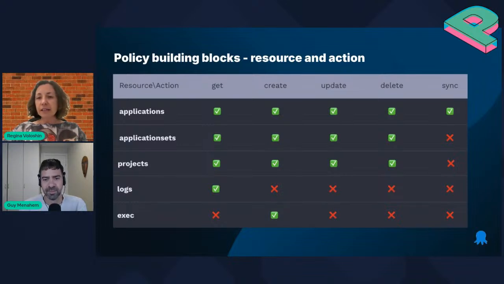Regarding the update and the delete, those two actions can operate on two distinct levels. One level is the level of the application, meaning that the application can be updated or deleted. And the other level is the level of the resources that this application manages. So one popular scenario would be allowing the deletion of pods that the application manages.